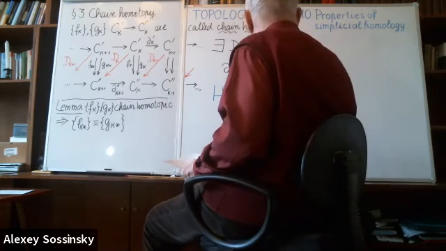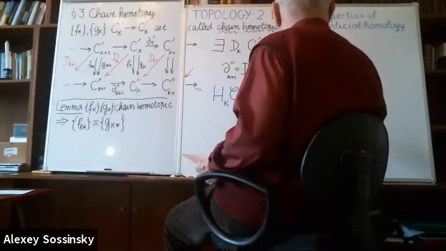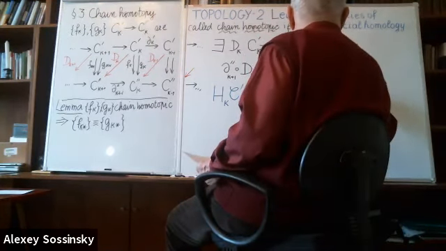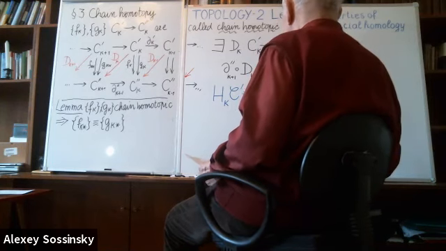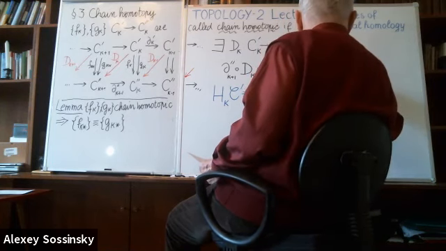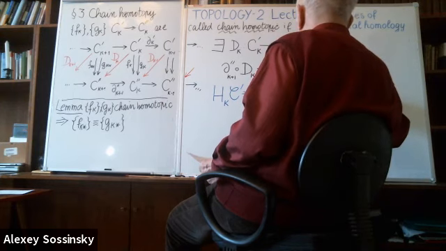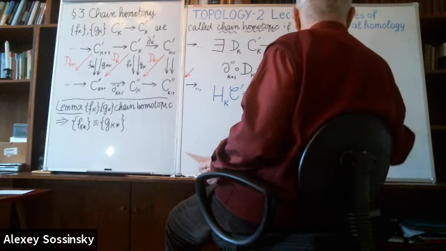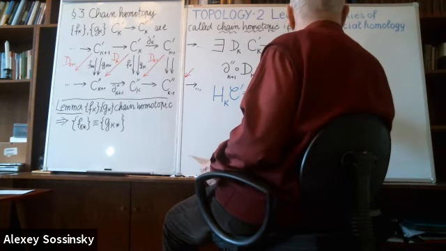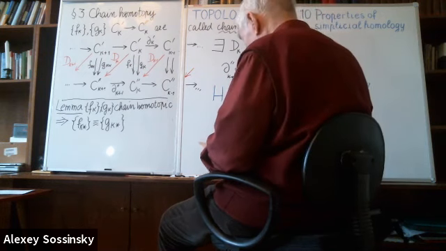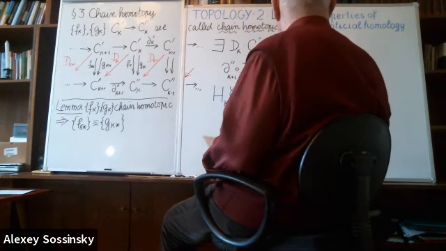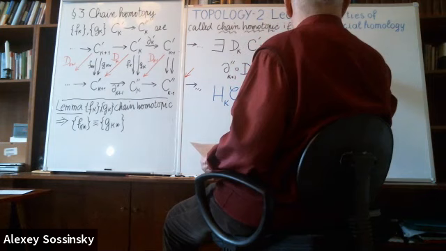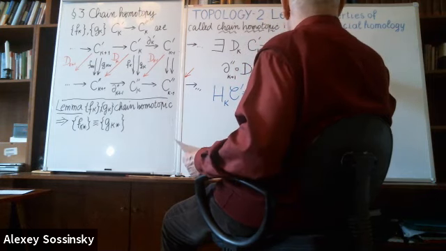So what we want to do is to assign to this an element of H_k(C double prime). Well, we're going to rewrite this equation for the z prime.